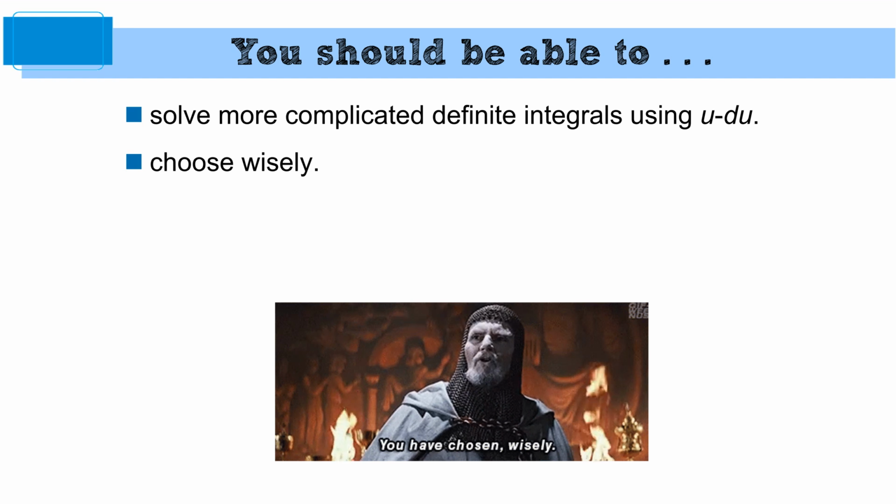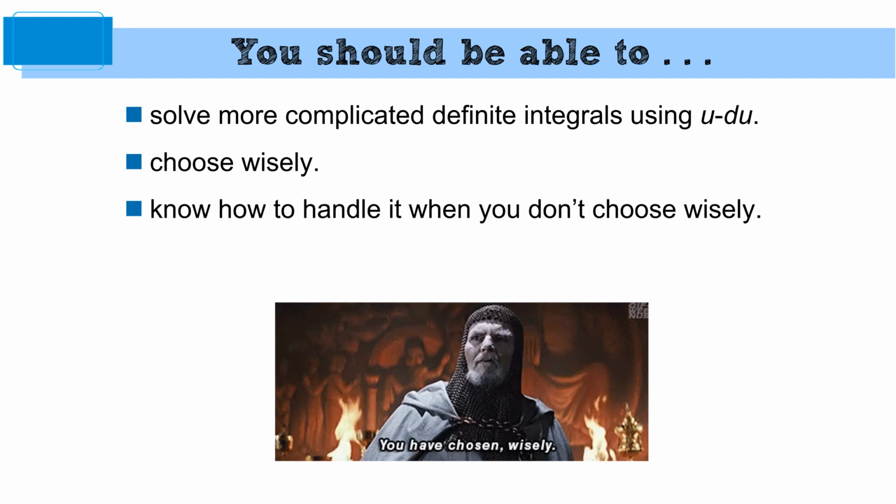Does anybody know what movie that's from? Indiana Jones? Which one? Last Crusade? Last Crusade, very good, Daniel. You win. You're free, you can leave. We'll also take a look at what happens when you don't choose wisely.